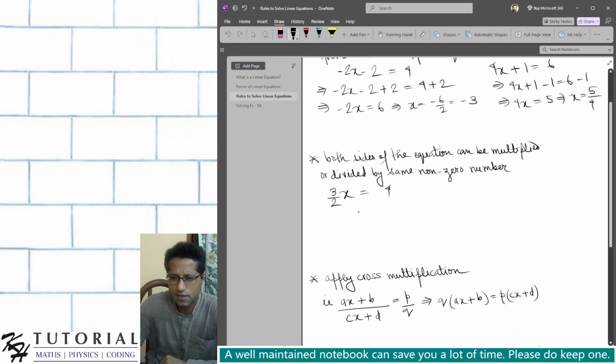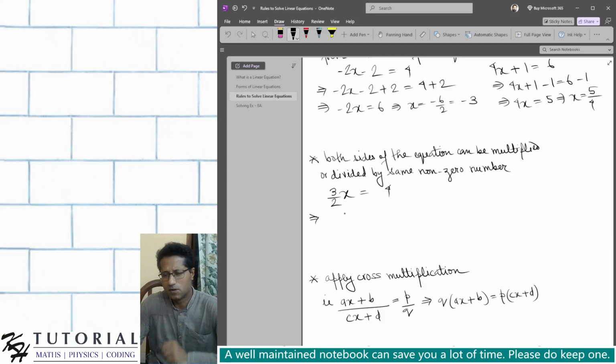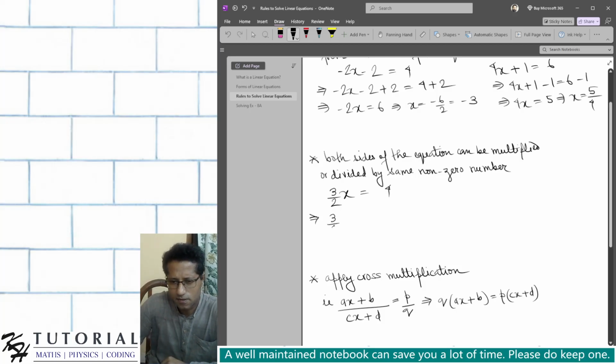If you have an equation like this, then I can multiply both sides by 2 by 3. Now, why 2 by 3? Because if I multiply both sides by 2 by 3, the LHS will become x.